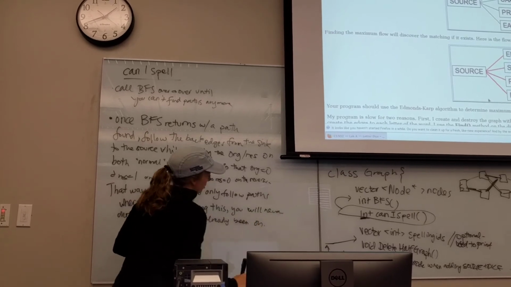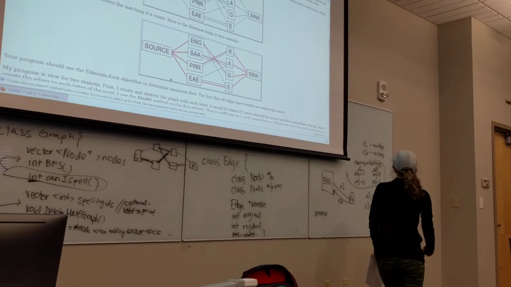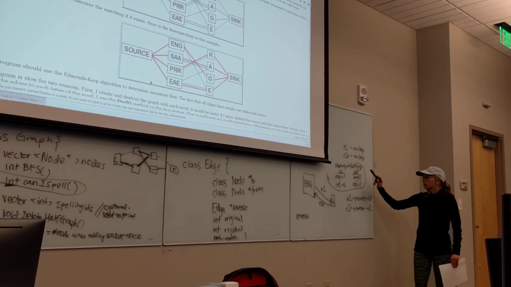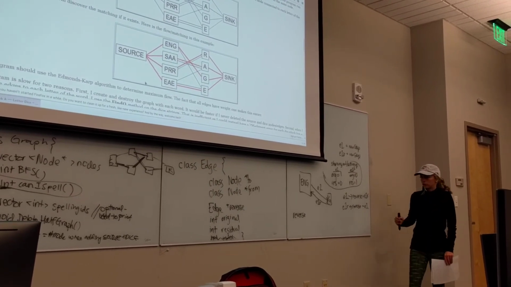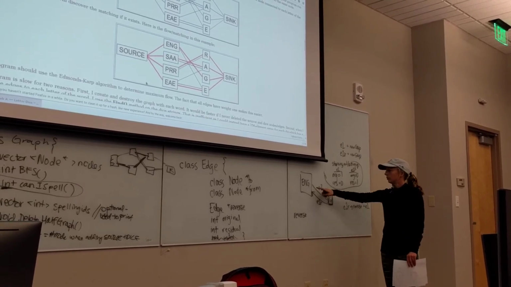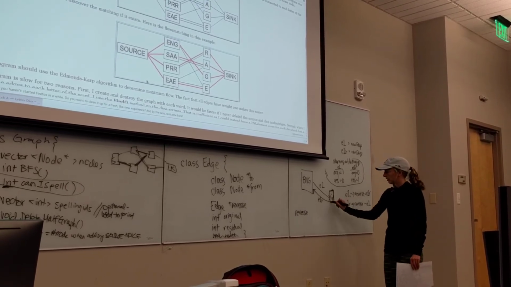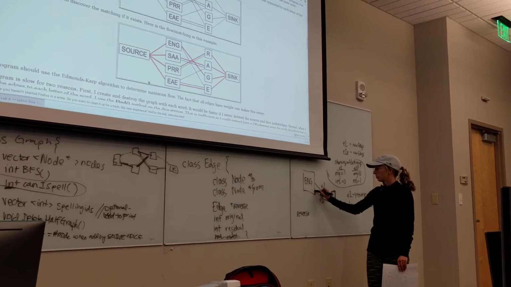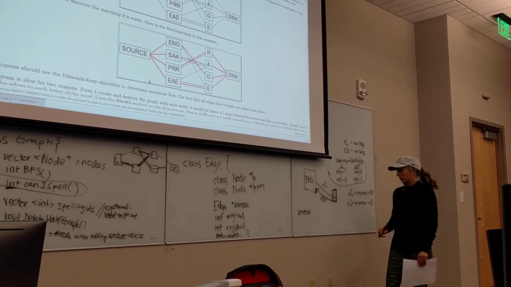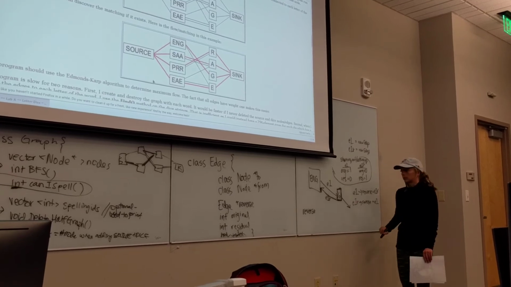So this only works if you have the normal edge and the reverse edge. And on G's adjacency list, you don't include edges that come into G. G's adjacency list would only have this reverse edge going back to E and G, and then the forward edge to the sink.